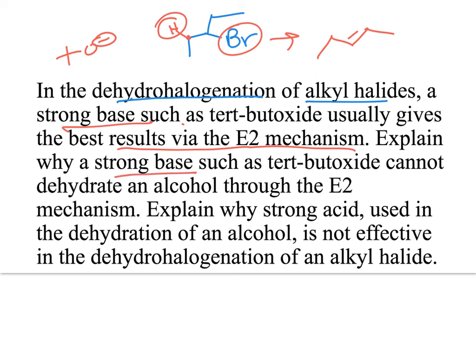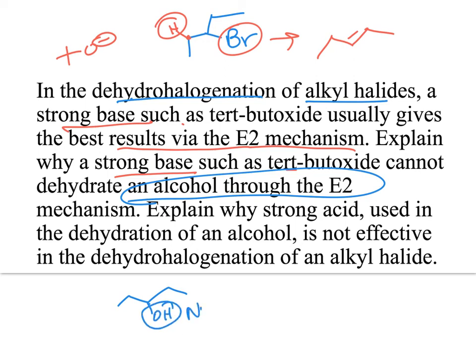Explain why a strong base, such as tert-butoxide, cannot dehydrate an alcohol through the E2 mechanism. Well, look at the alcohol. This is not a good leaving group. It won't leave. So it doesn't matter if you have a base that can take away a neighboring proton. This will not leave. So you have to have an acid, sulfuric acid, and that will protonate the alcohol.